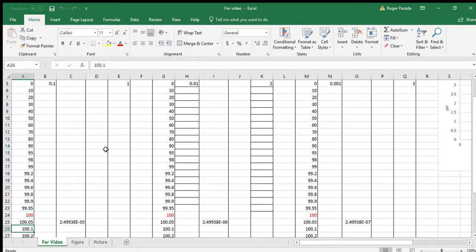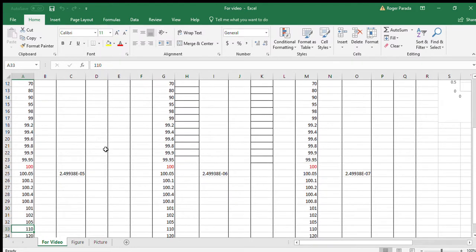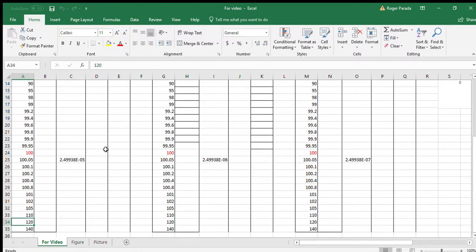And then we slowly increase away from our equivalence point until we hit about 110, and then we increment by 10 and then 20 here. Because about 140 is a good place to stop. You should have more than enough excess base to see the general shape of the curve.